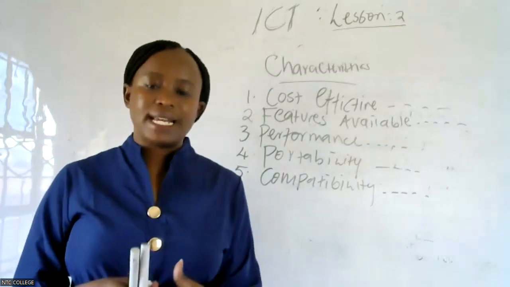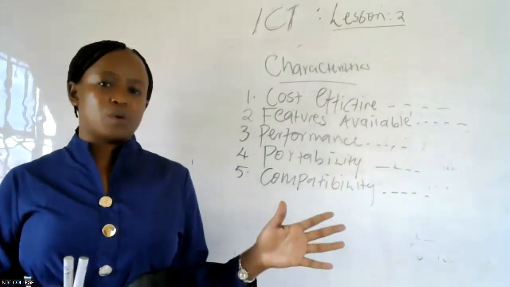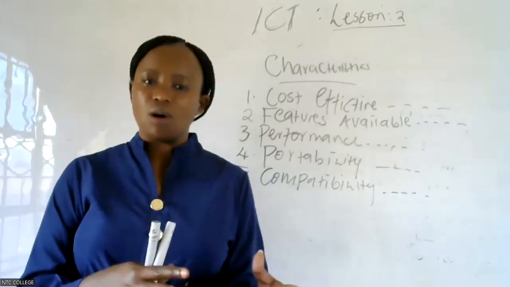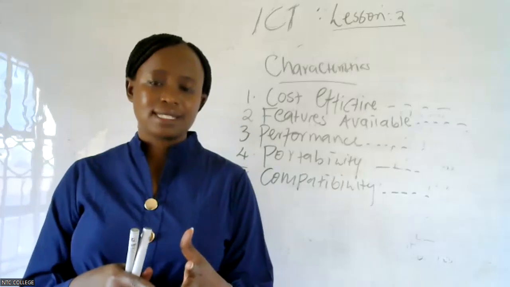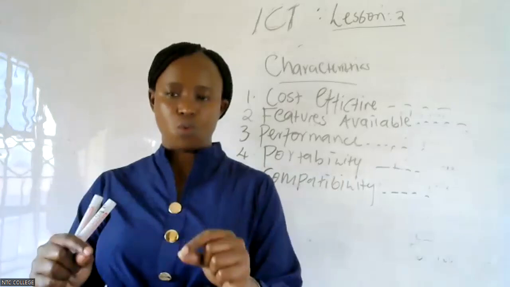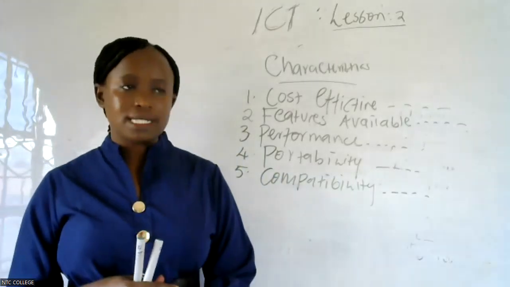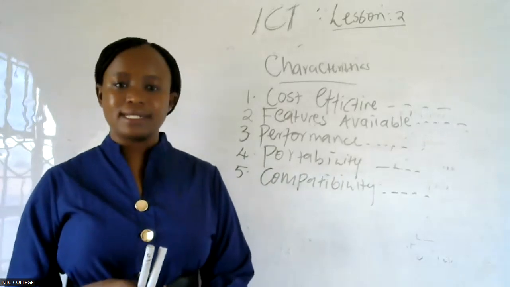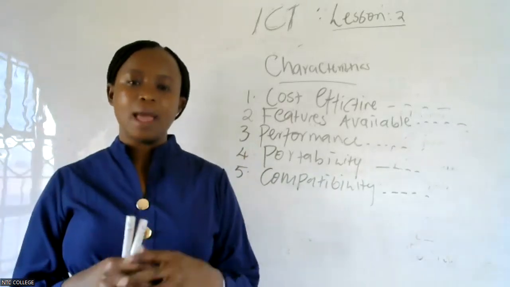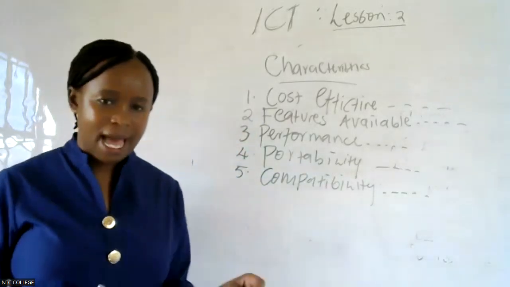If you are operating a customer care center, the kind of system or software you go for should conform to the kind of tasks, to the kind of operations that you are going to subject it to. Because in a customer care center, we expect a lot of calls, we expect a lot of emails, etc. So that software or those softwares you are getting must conform to the nature of work that is being undertaken.